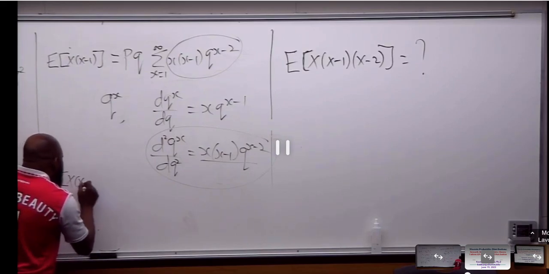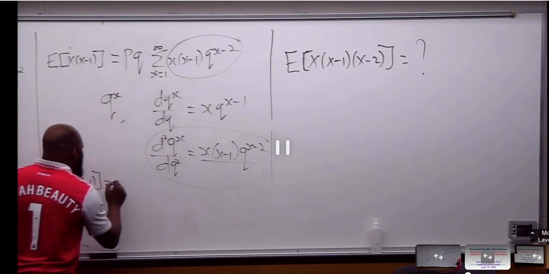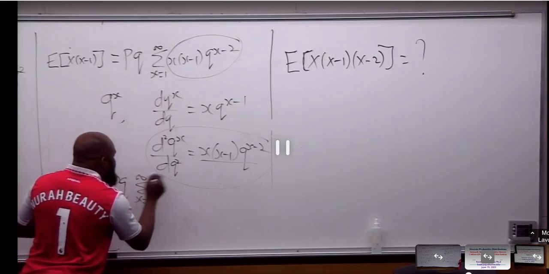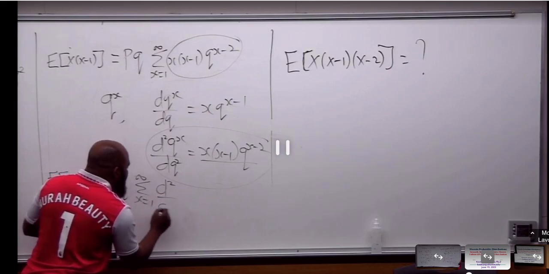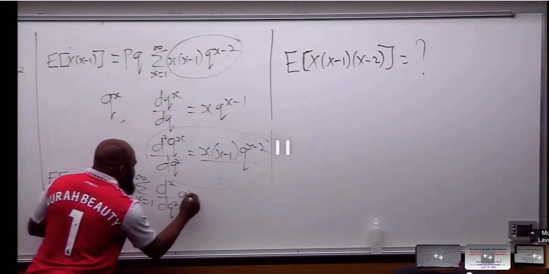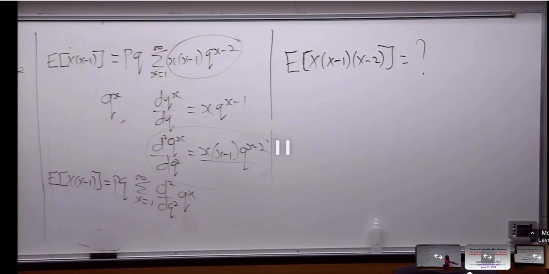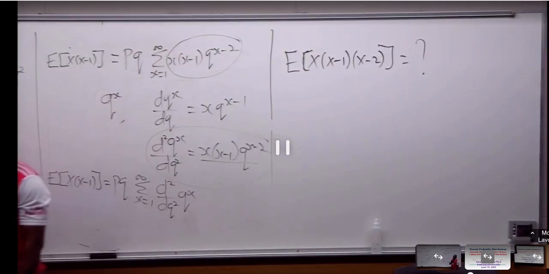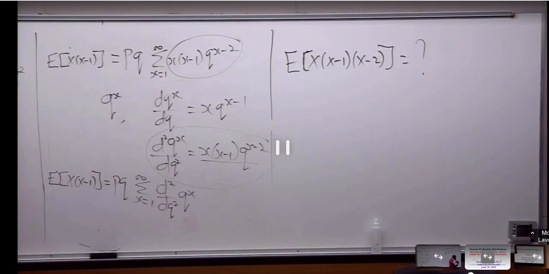Now, expectation of this equal PQ, s start from 1 to infinity. Then I'm going to write the square of this. I'm going to write that. This guy now is replacing this guy. Okay?